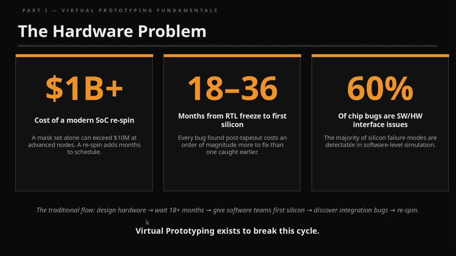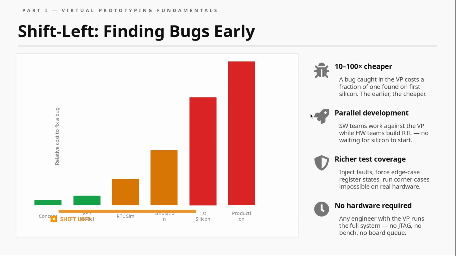So virtual prototyping exists to break this cycle, or minimize it as much as possible. The later you find your bugs, the worse it gets. Conversely, the earlier you find them, the better it is.